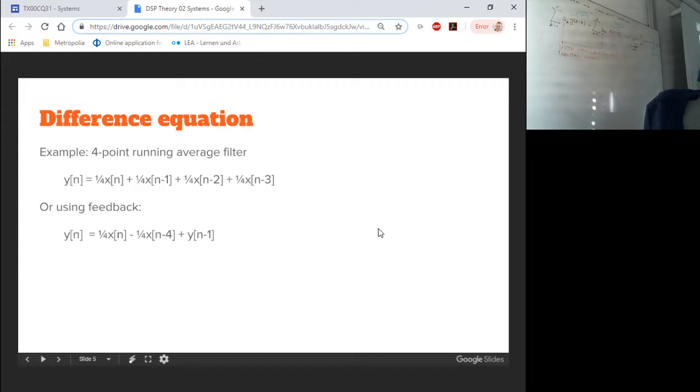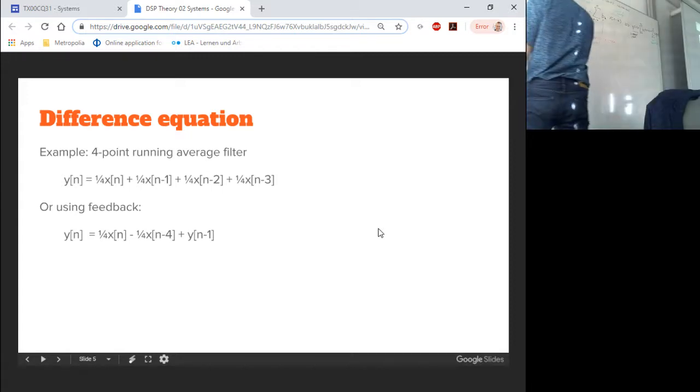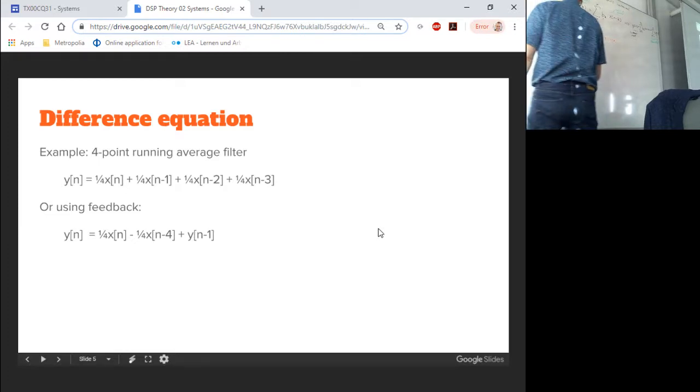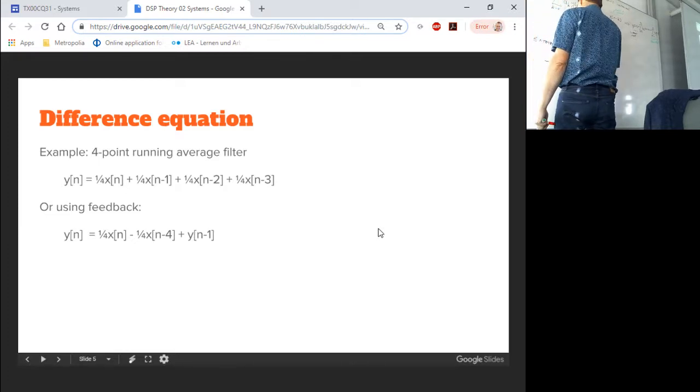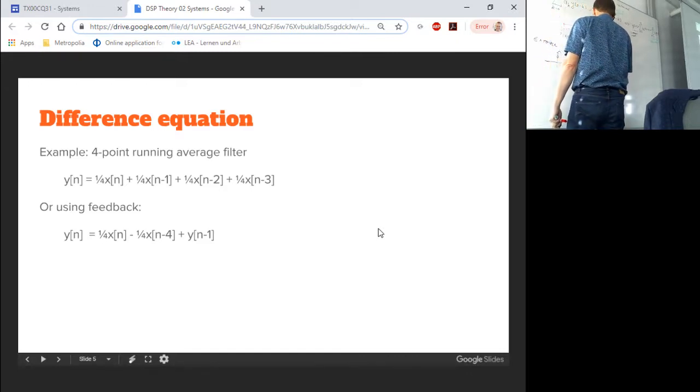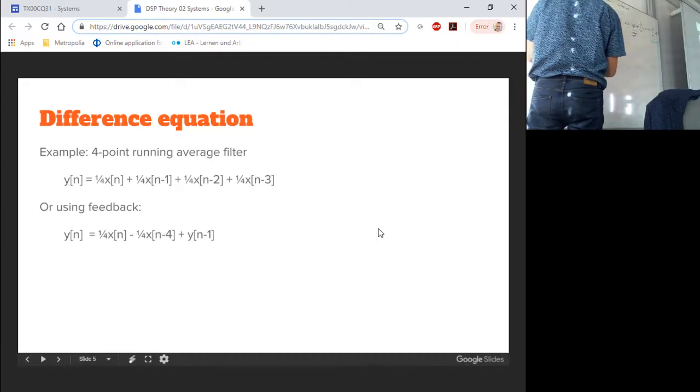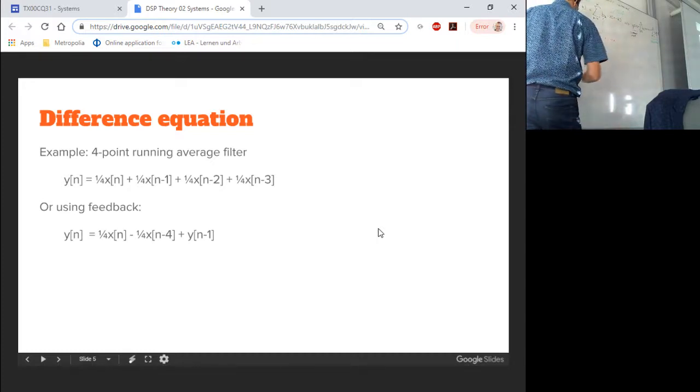Okay. So that example actually here means, if you have an x and, for example, something like this, we take these 4 values and calculate the average of those to get y of 0.